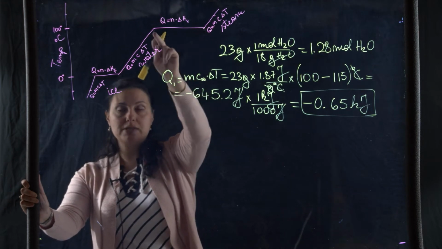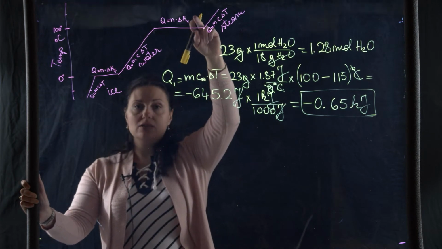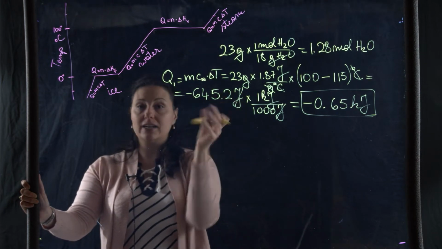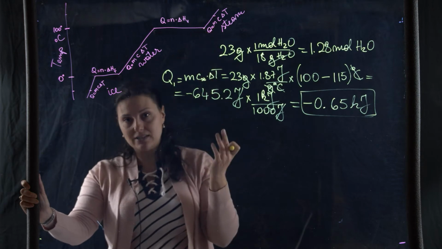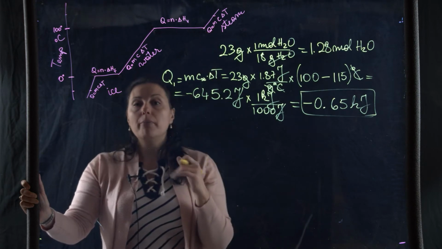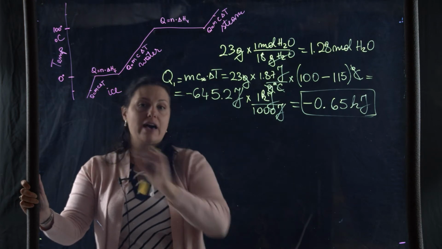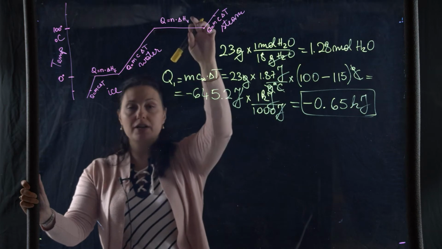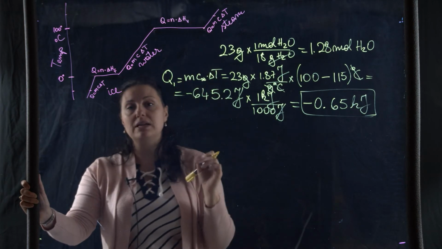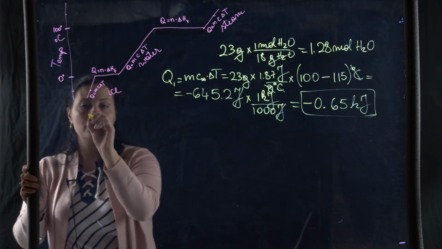So I'm going in the opposite direction. Now, there is no sign change necessarily associated with this, because I don't have a negative delta T, because I don't have a delta T for that part of the curve. But I know that the energy is being given off, so all of these values are going to be negative. Even though there is no delta T here, it's going to be a minus because it's in the opposite direction. It's being cooled off.